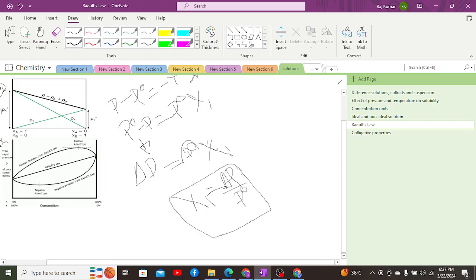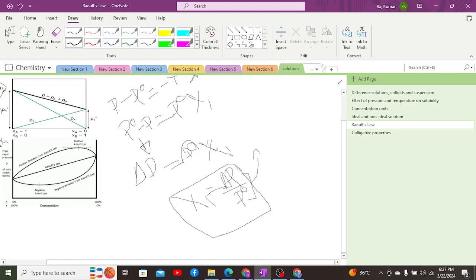Now Delta P upon P naught is what we call the relative lowering in vapor pressure. According to Raoult's law, relative lowering in vapor pressure is equal to the mole fraction of the solute.